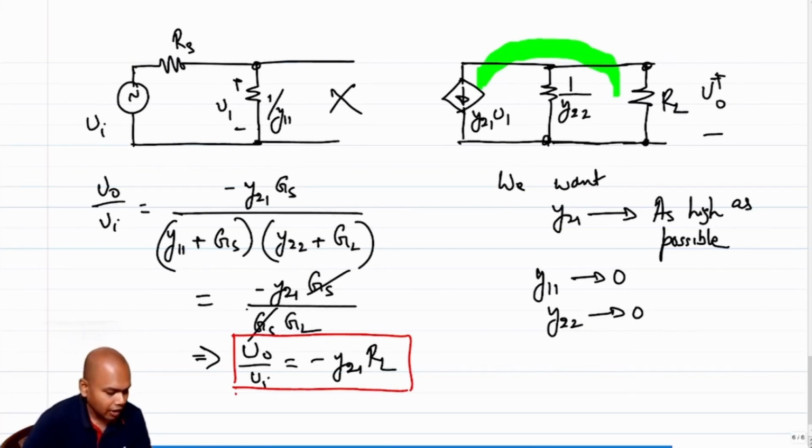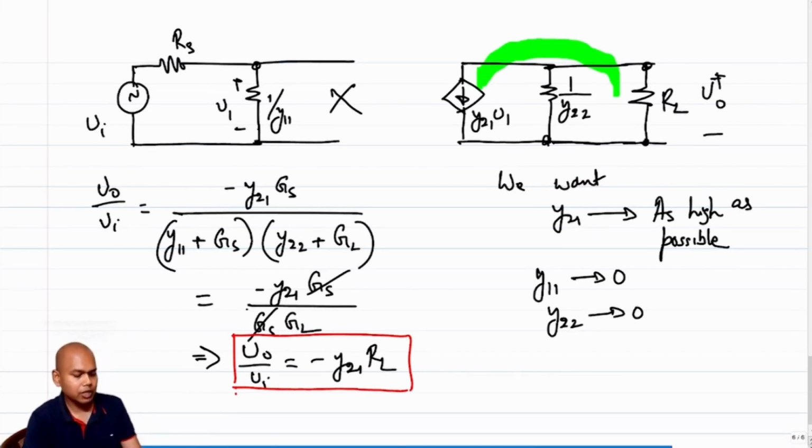Ideally I would want Y21 times V1 to flow completely into RL in order to get the maximum possible output voltage. But in the presence of 1 over Y22, part of this current Y21 times V1 is getting into 1 over Y22, which is preventing all the current from flowing into RL.